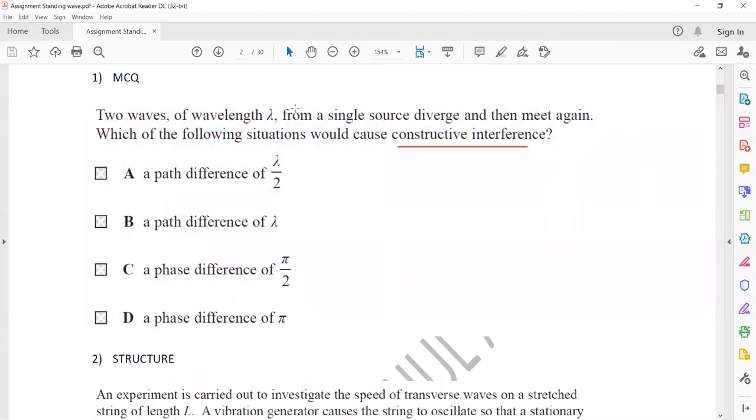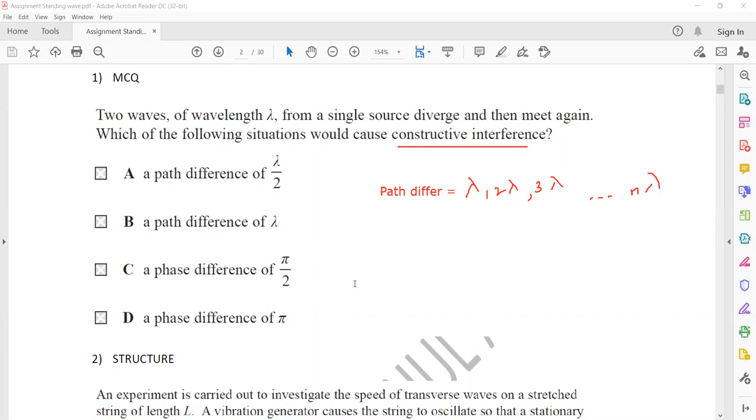Constructive interference will occur when the path difference is lambda, 2 lambda, 3 lambda, and so on, or we can also say n lambda. It will have a constructive interference.